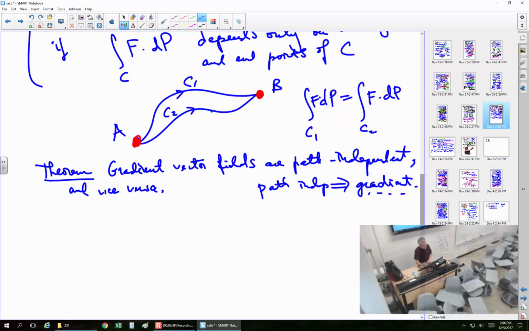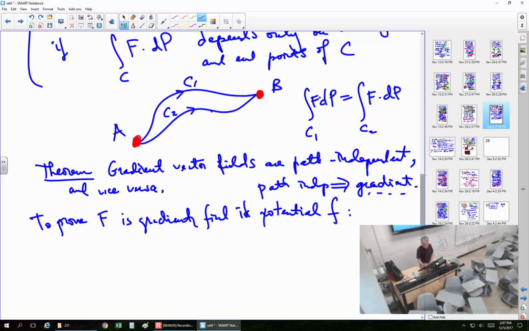So to prove that a vector field is a gradient vector field, find its potential function. Okay, so del f is equal to F capital. We go back to this analogy, not more than an analogy, but rather a generalization of the idea of derivative and antiderivative.